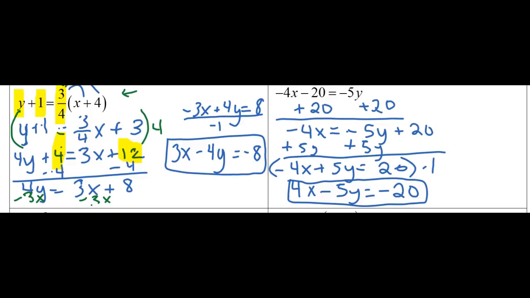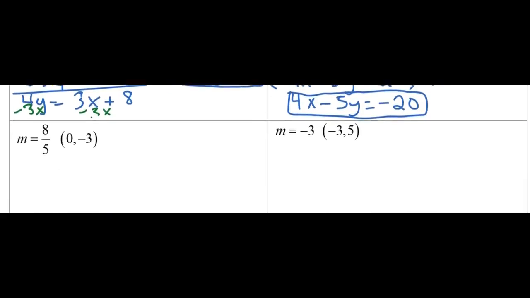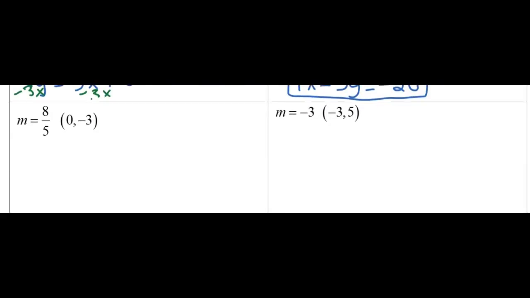Instead of rearranging now, we actually have information to put into these forms. So the first problem we have, the slope, which is m, is 8/5, and the point that is given is 0, negative 3. So I'm going to make little notes to myself here that I'm given the slope, and this point right here we need to identify as the y-intercept.